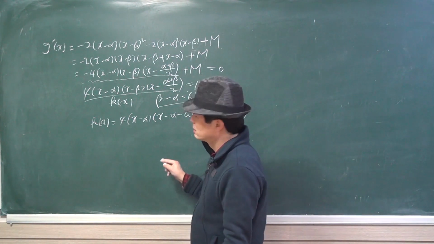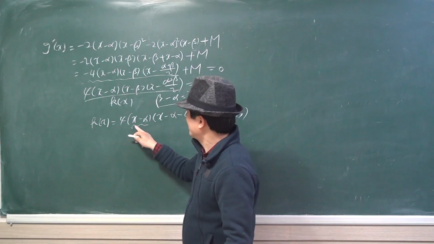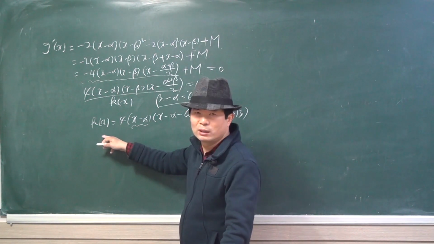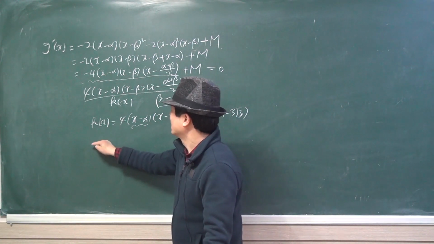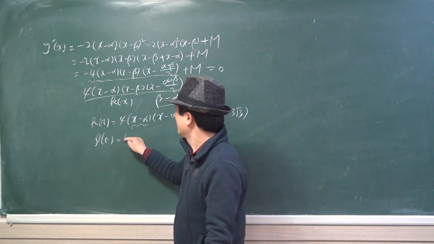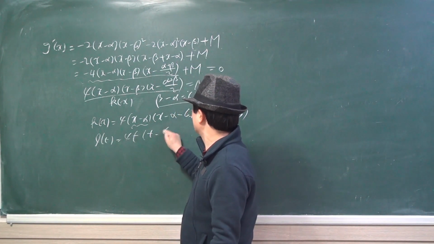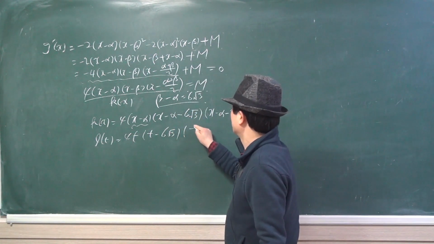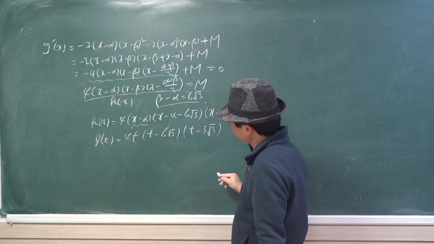And replace x minus alpha by t, and we rename this function as L(t). Then 4 times t, (t minus 6 times root 3), and (t minus 3 times square root of 3).